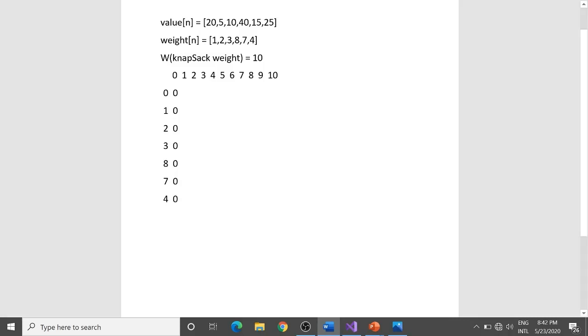And what do these zeros signify? These zeros signify that even if I have say 5 elements, 6 elements, or any number of elements, if the maximum weight my knapsack can hold is 0, I cannot create a value out of it. So these zeros signify the values I can make when my maximum weight in the knapsack is 0 and I have these elements over here.